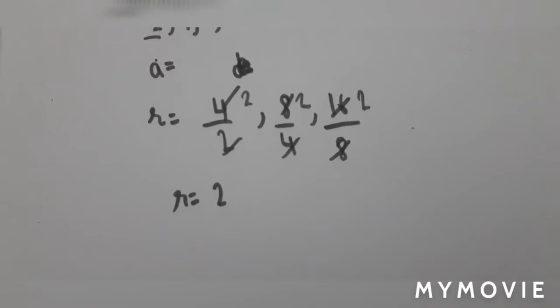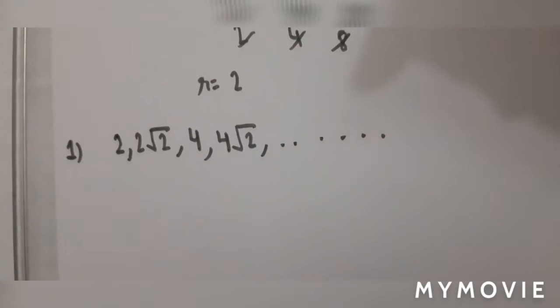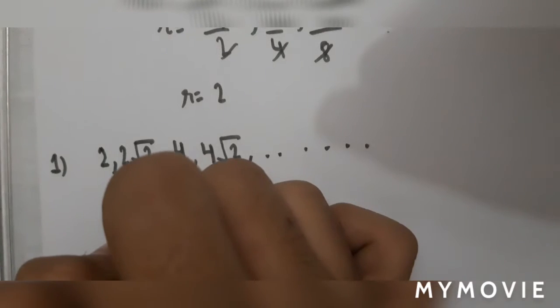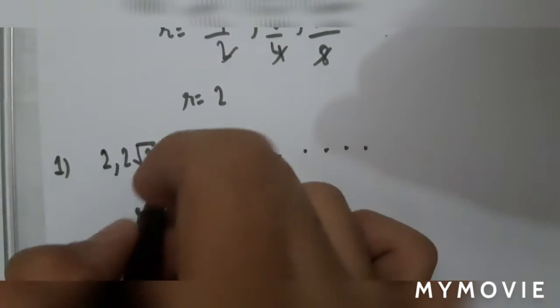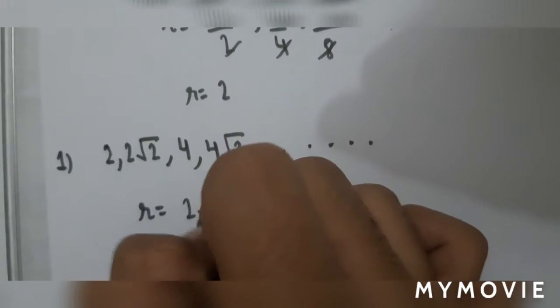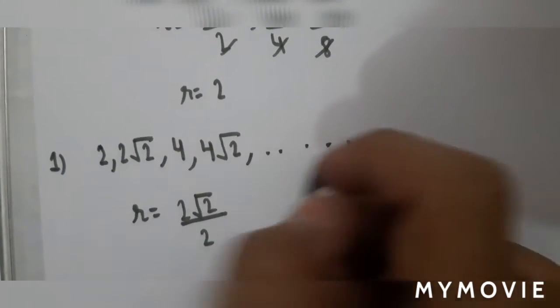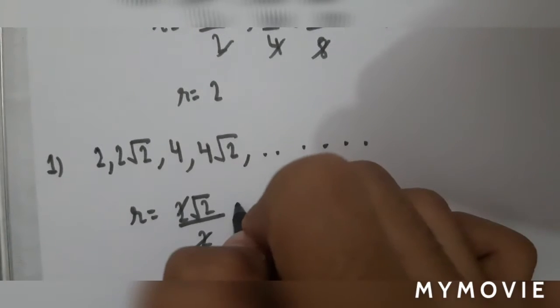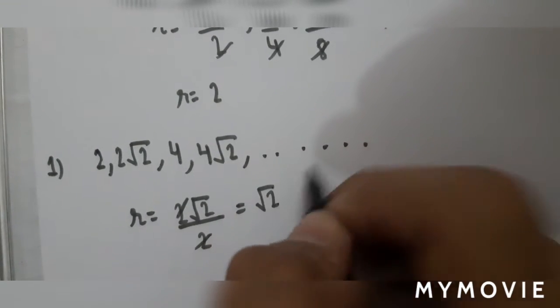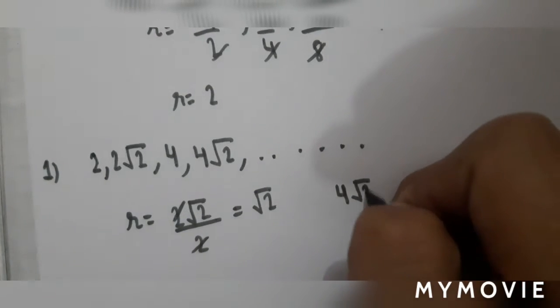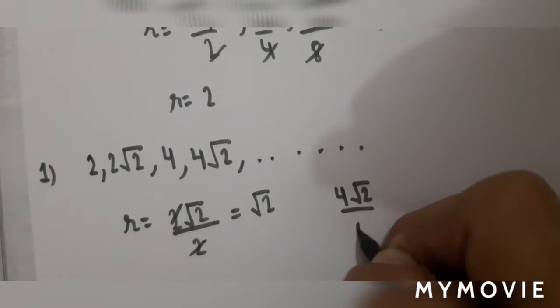So friends, let's move on to our first example. In this we should check whether it is in GP or not. You can check it by finding the common ratio. For the common ratio, I told you to divide the second term by the first term. The answer is root 2, and you should again divide the fourth term by the third term.